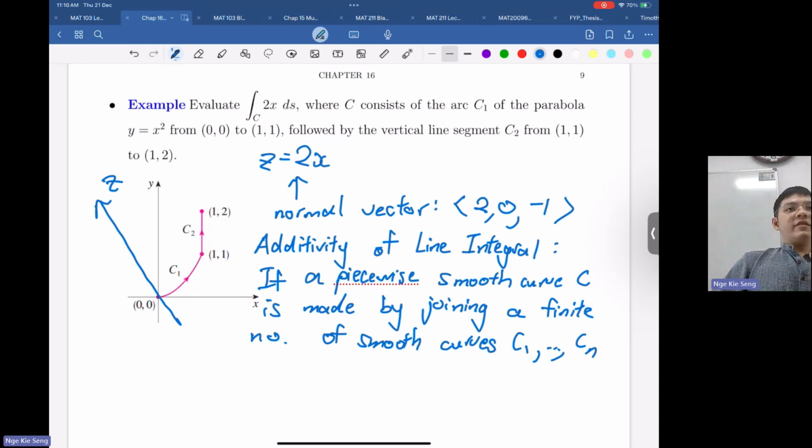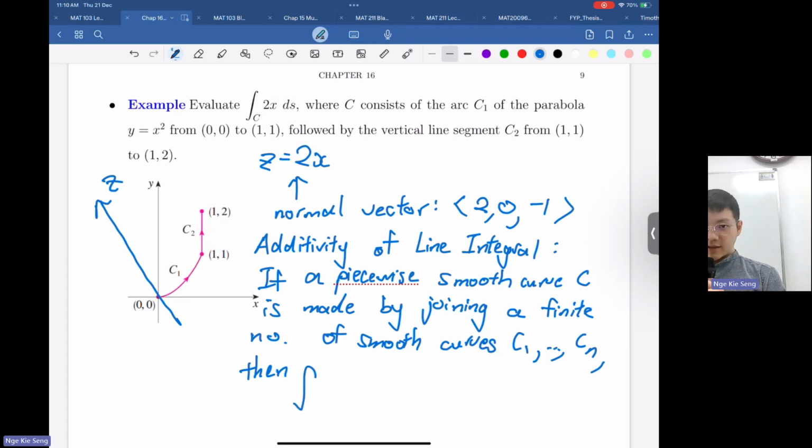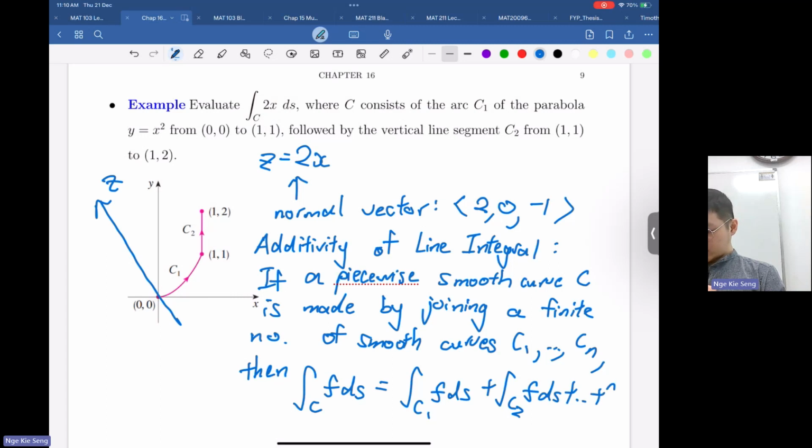You can differentiate infinitely many times. You can keep differentiating the function, so it's smooth. Then the integral over C of f dx is equal to the integral over C1 plus the integral over C2, all the way up to the integral over Cn.